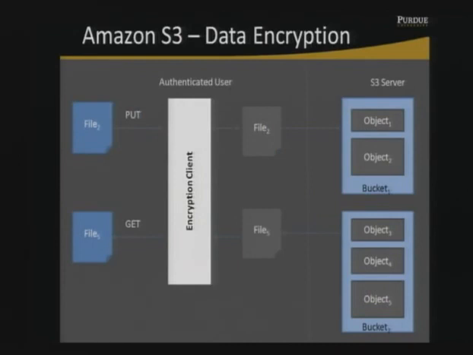So if you look at how Amazon provides confidentiality, they only support a single-user scenario, where they provide a thin encryption client which you can use to encrypt a file and store it in S3. And then you can ask the same thin client to decrypt it.